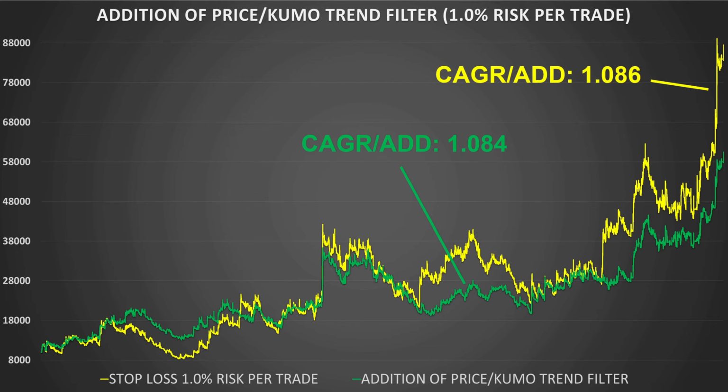So what does that mean? Well, it means that when the crossover did occur within the Kumo, that still, on the whole, produced profitable trades. Now this goes against what the general consensus is that you read in books and on the web about trading when price is inside the Kumo.